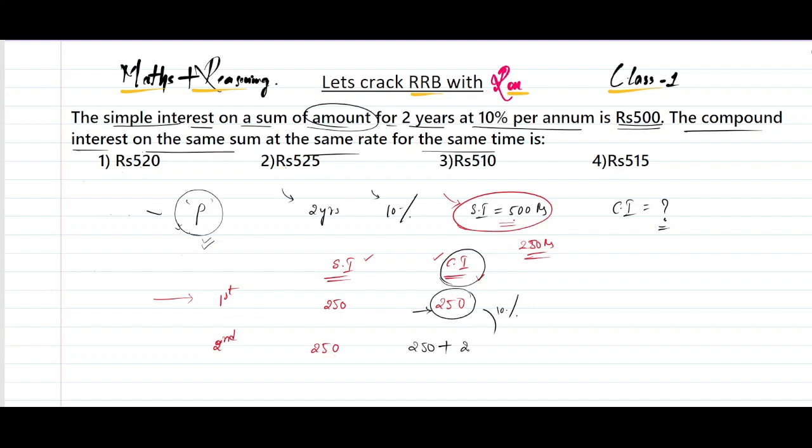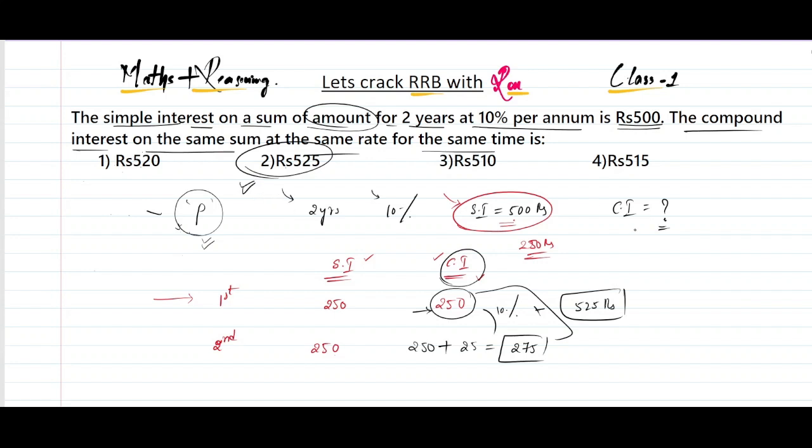So 10% of 250 is 25 rupees. So second year compound interest is 275 rupees. If they ask the total compound interest, 250 plus 275, which is 525 rupees, is our answer, which is option number 2 here. If you have a better method, please let me know.